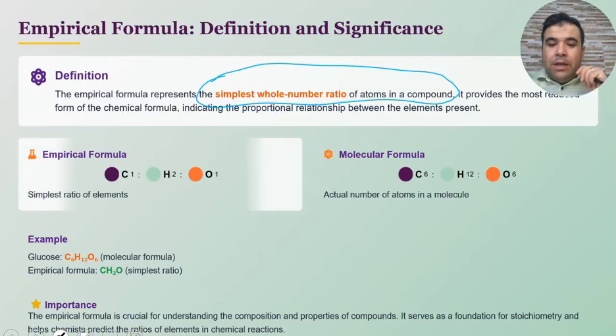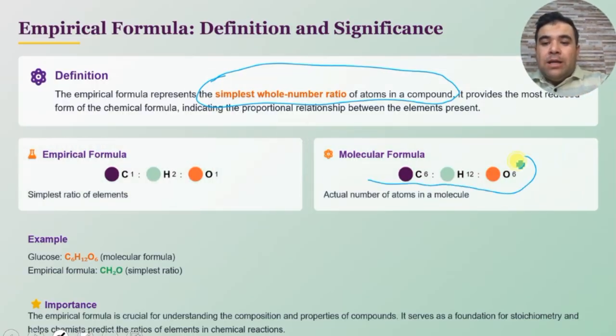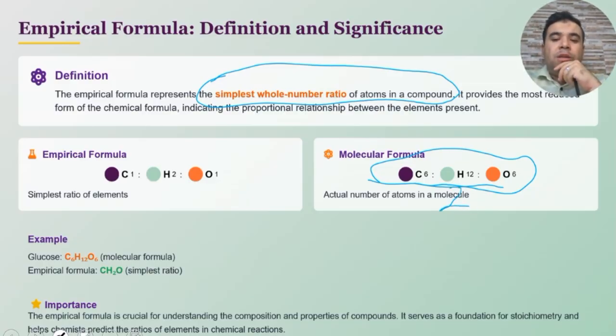Whenever we have a compound that has a molecular formula such as C6H12O6, we will be able to find a factor that divides the subscripts. Here we got the common factor between all of the atoms, 2, and then we divide by 2.